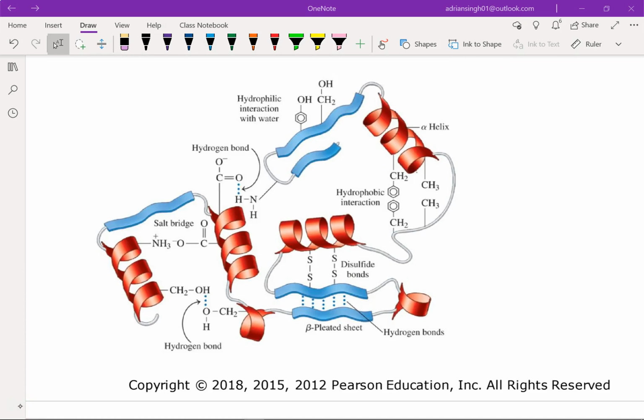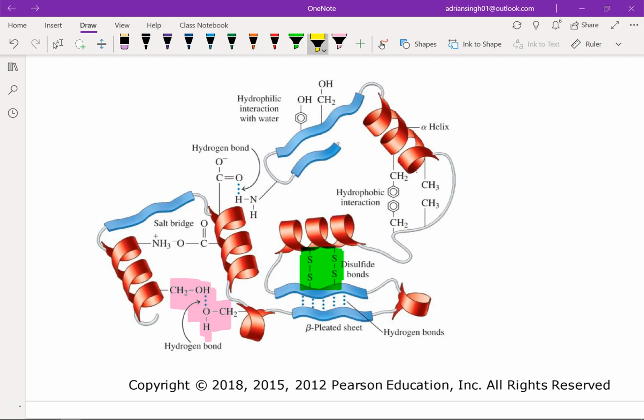So if we go back to our molecule that we showed above, we can now identify some of these R group interactions. All right, so the first one we can take a look at here is your disulfide bonds, right? And it's pretty easy to pick that out. It's going to have two sulfurs linked together, and those are going to happen between, again, cysteine amino acid residues. Here on the left side, we have a hydrogen bond occurring between one polar amino acid, the hydrogen of one and the oxygen of another one.